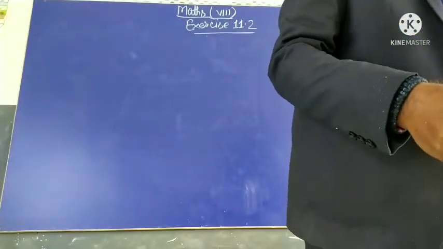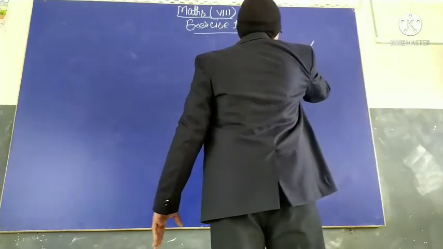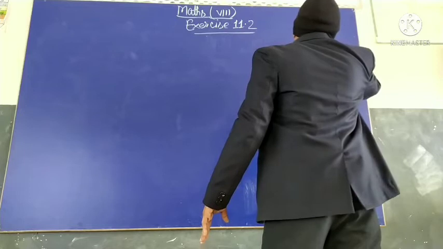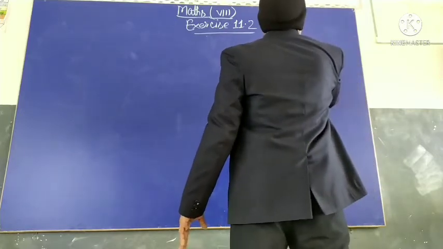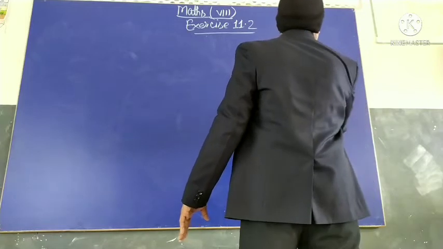Clear? In this question, first of all, you draw the pentagonal shaped park. This is your pentagonal shaped park.